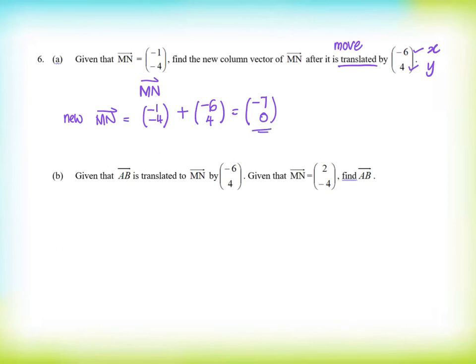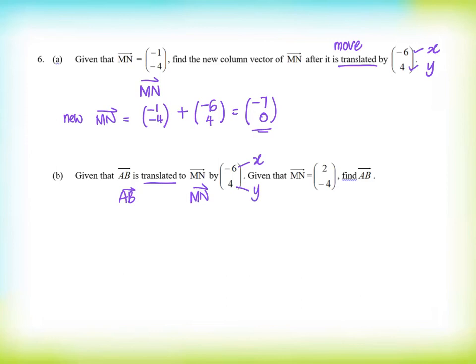Now let's look at part B. Given that AB is translated to MN, so from AB, I'm going to move it to MN by a particular vector. So in the process, what does it mean? I'm going to shift a negative 6 units on my x-axis direction and 4 units on my y-axis direction.